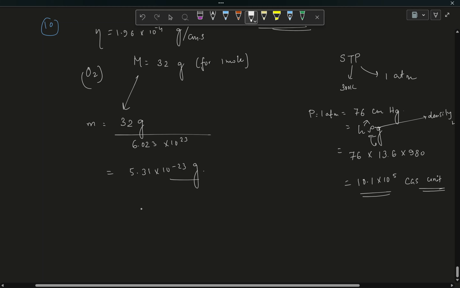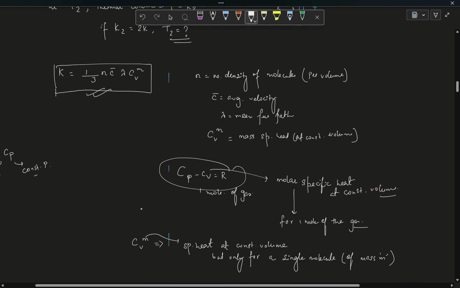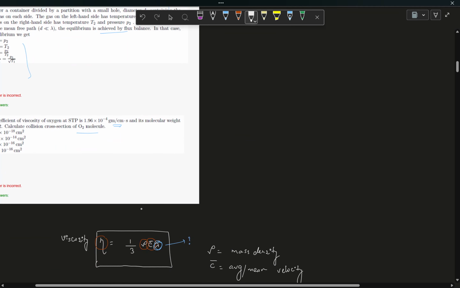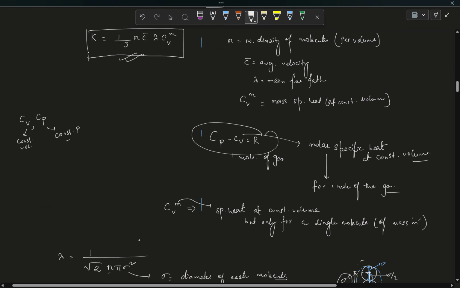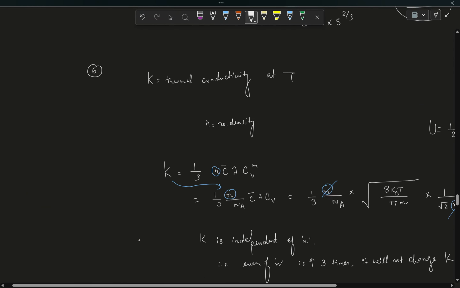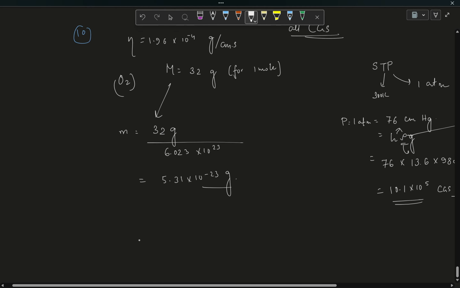So first you have to calculate lambda, and then from there you can get the value of the collision cross section area, right? What they asked for is probably the area, not the diameter or radius. The unit given in the option is centimeter square, so obviously the area has to be calculated. So first of all let us write down the necessary formula.